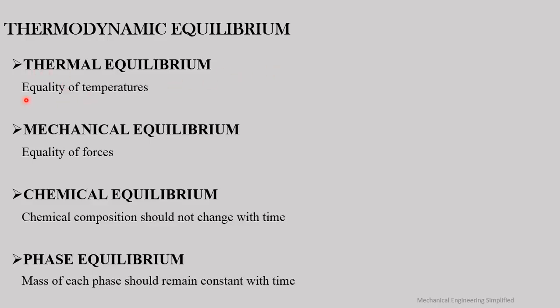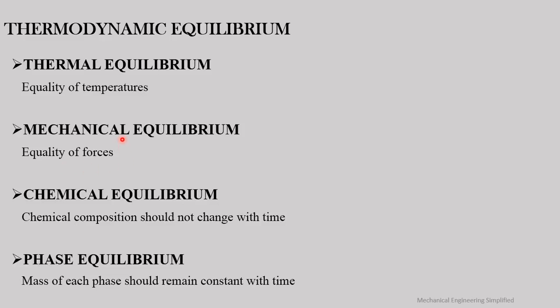What is thermal equilibrium? Thermal equilibrium means equality of temperatures. If the temperatures are not equal, then there will be a heat flow within the system, and in that case we say that the system is not in thermal equilibrium. Then mechanical equilibrium, that means equality of forces, or the forces arising due to pressures.